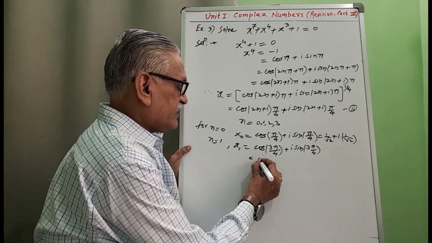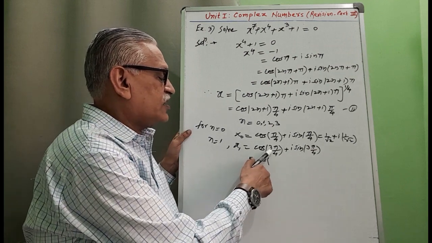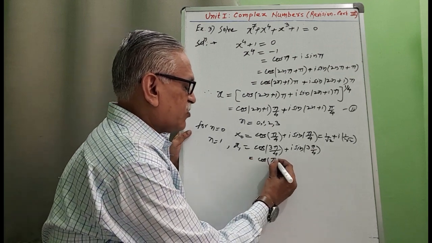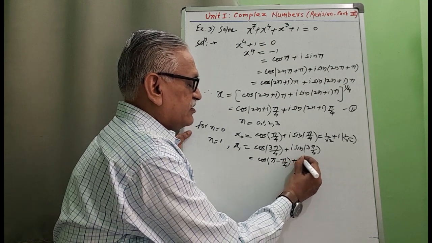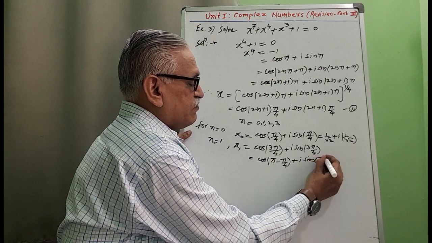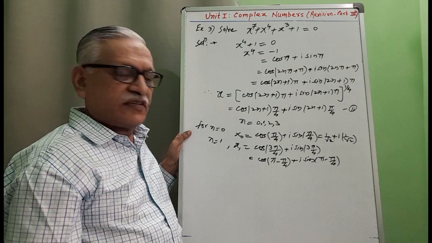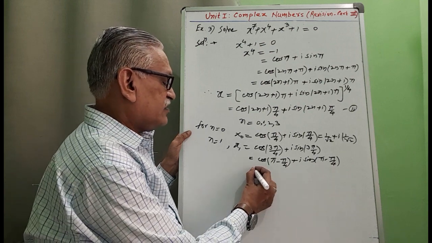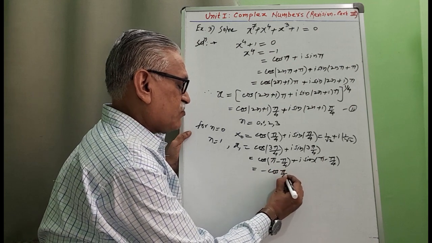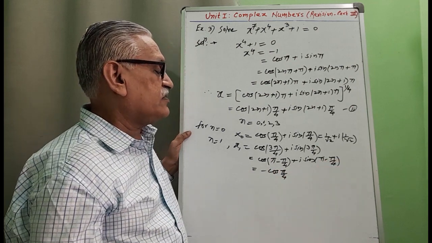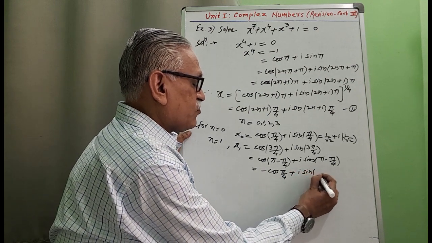Converting cos 3π by 4, we can write it as cos of (π − π/4) and sine of (π − π/4). And then standard result: cos(π − θ) is minus cos θ, and therefore it is minus cos of π by 4, and sine of (π − θ) is sine θ, means sine of π by 4.